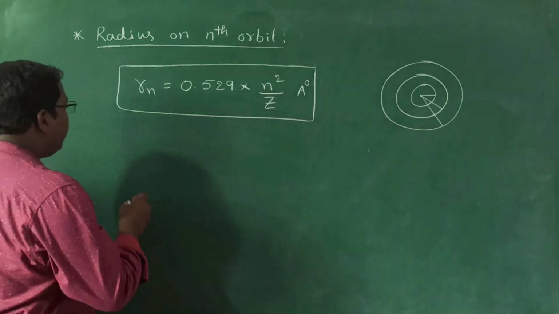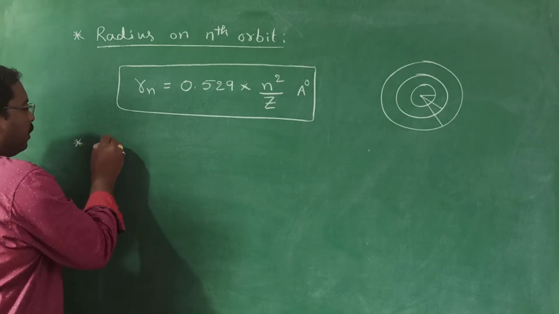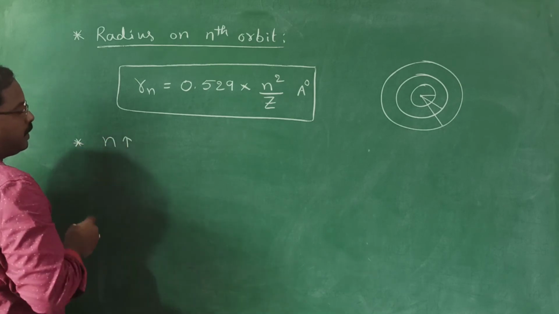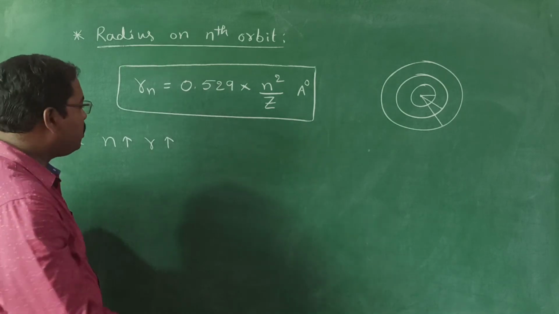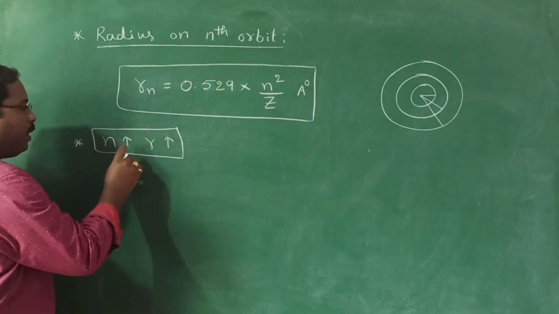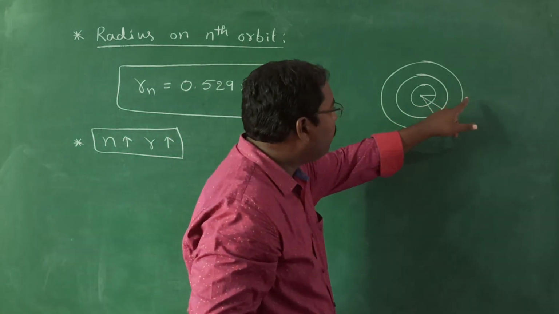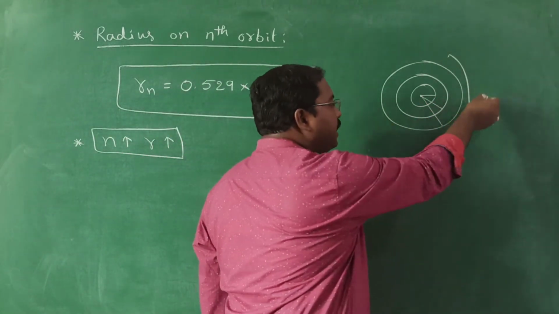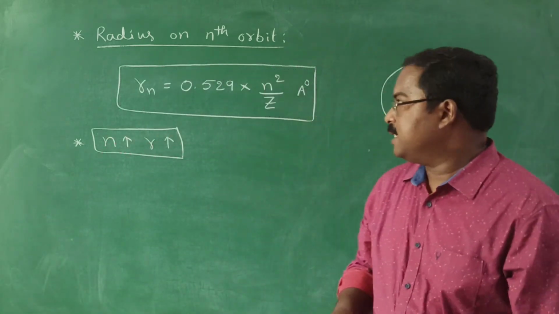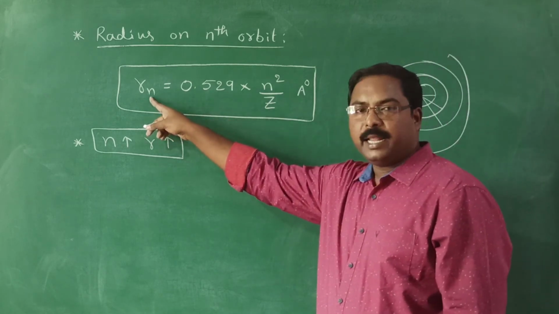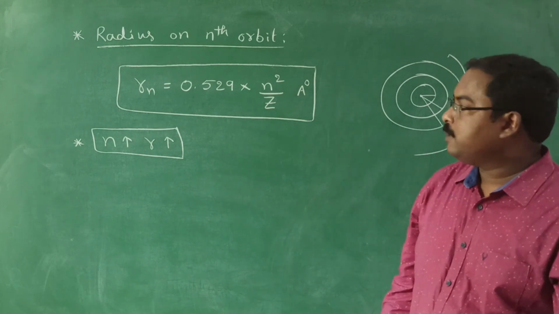So what we have understood is, when the orbit number increases, the radius also increases. Understood? The upward arrow represents increase. When we go to the fourth orbit, its radius is even bigger. As orbit number increases, radius also increases, because in the formula you just wrote, radius is directly proportional to orbit number.